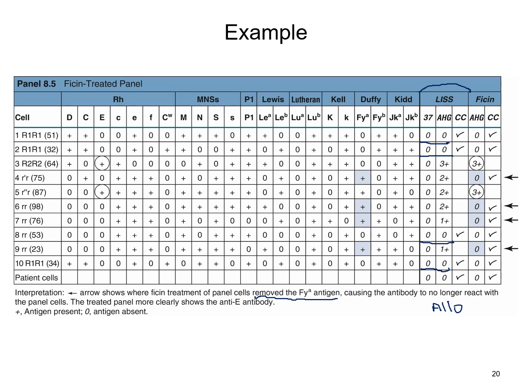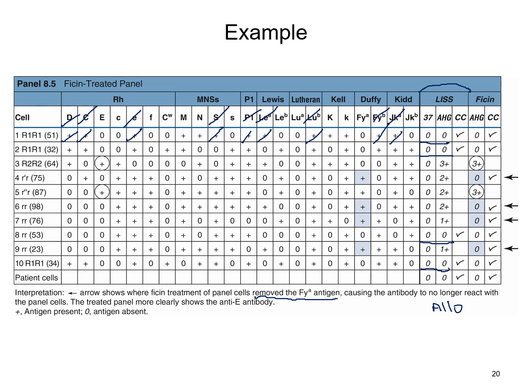So I'm going to do this real quick where we go through. I'm looking at hetero versus homo here. E, M, N. Let's rule out S. P, Lewis A, Lutheran B, Kell can't rule out, Duffy B, JKA.